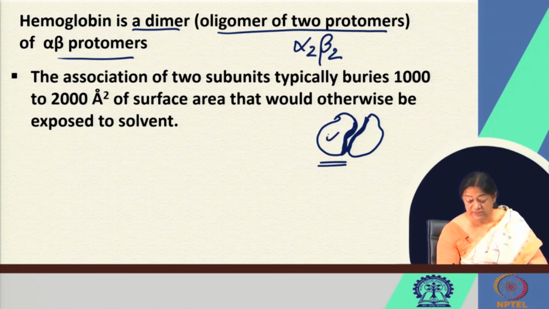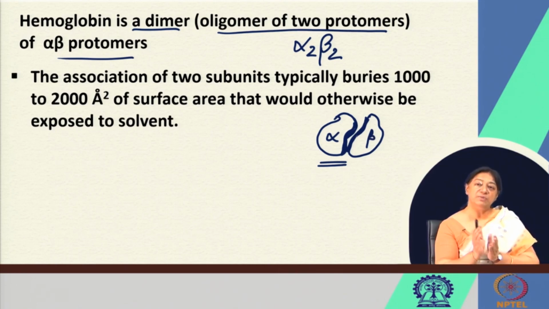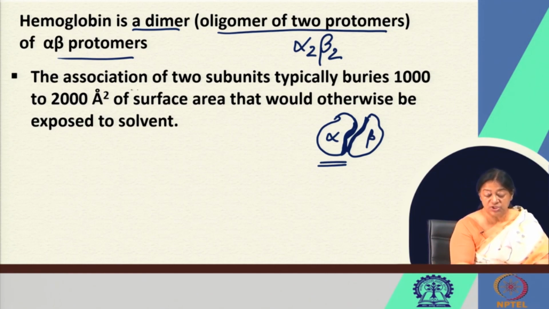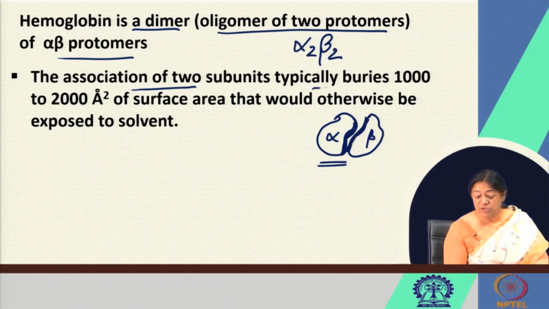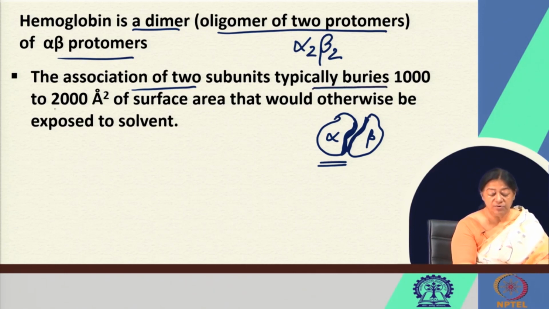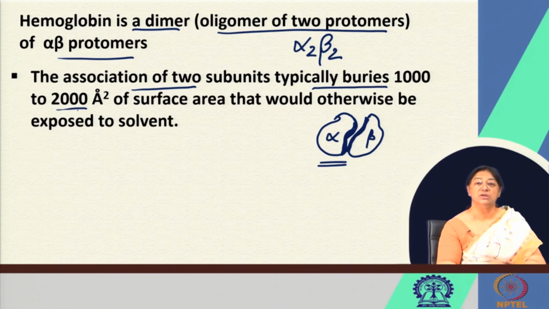Say we are looking at an alpha and a beta. The alpha chain part would have been exposed, the beta chain part would also have been exposed, but when they come together the association can typically bury around 1000 to 2000 angstroms of surface area that would have otherwise been exposed to solvent.